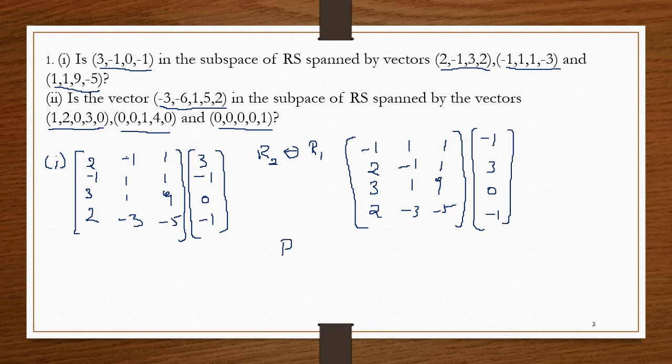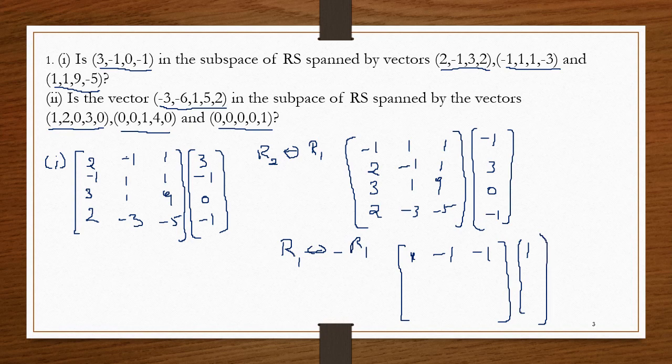Next we'll do the operation: first row, let it be -R1. So we get 1 -1 -1 1 as the first row, and the second row will be 2 -1 1 3, then 3 1 9 0, 2 -3 -5 -1.